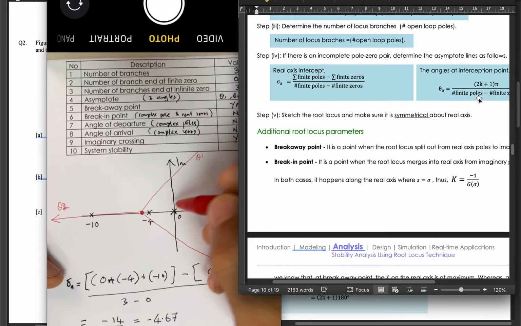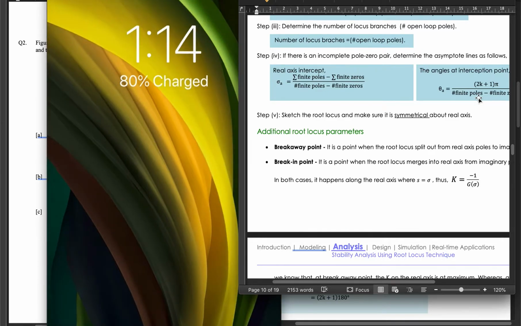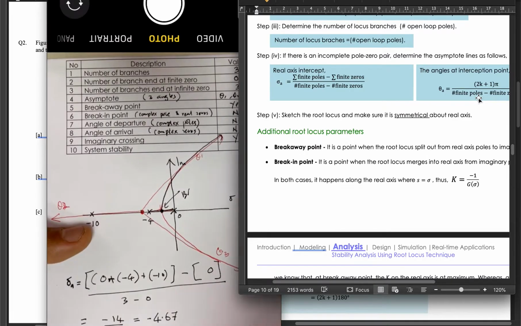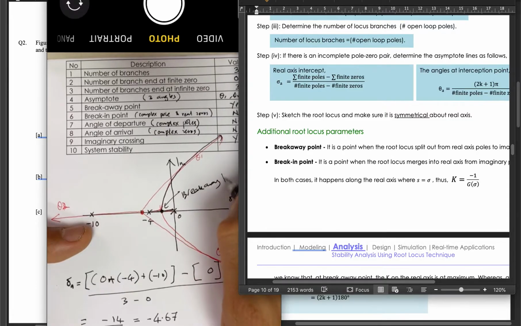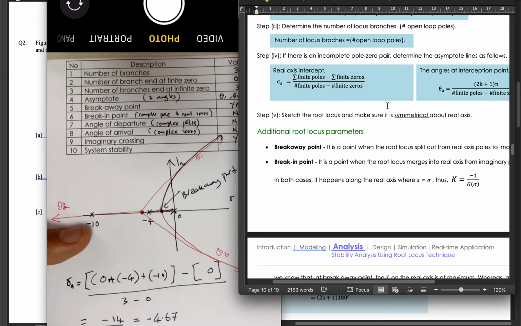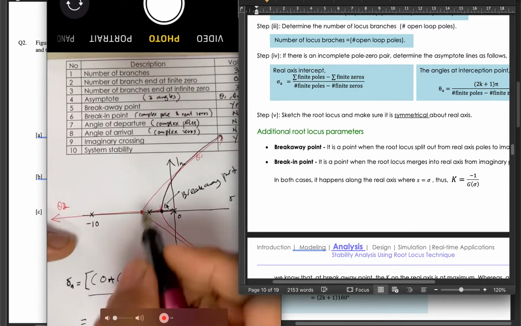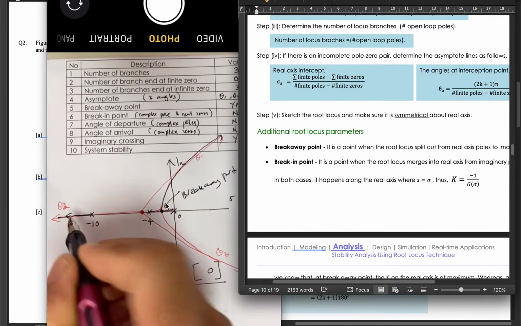It's basically from here, then moving in that direction. This one from here meets that point. We call it the breakaway point. So this one is going in that direction.